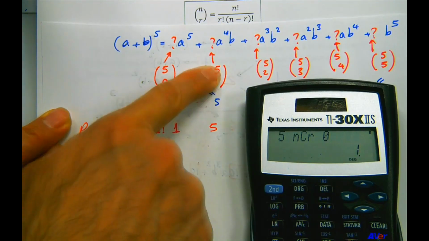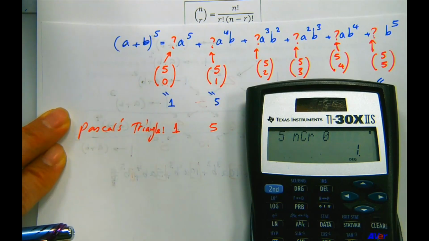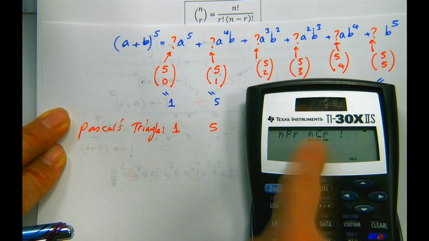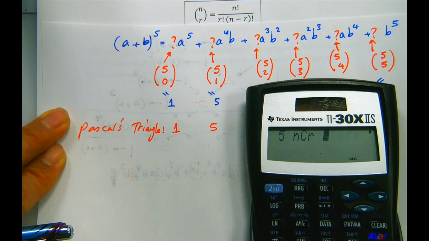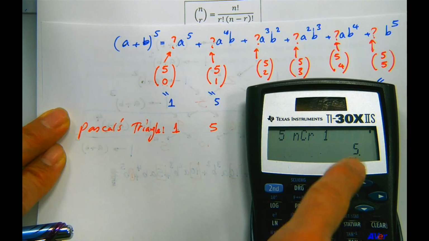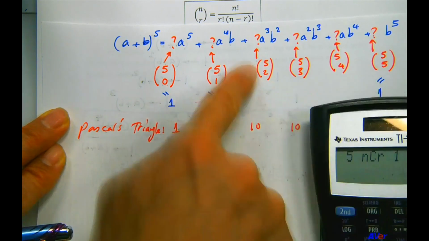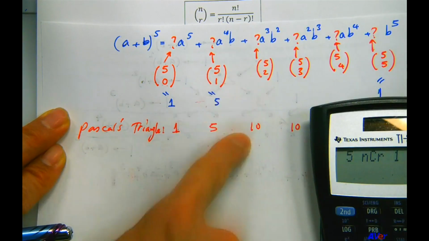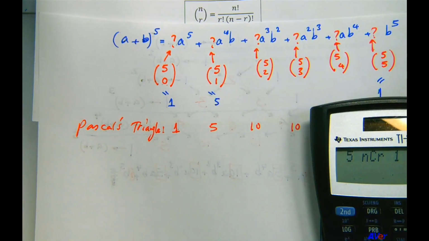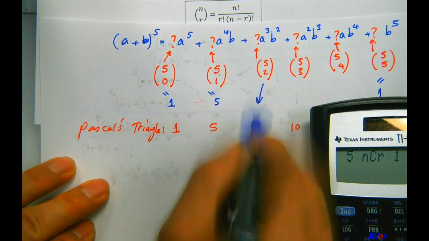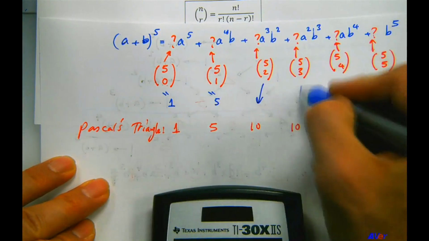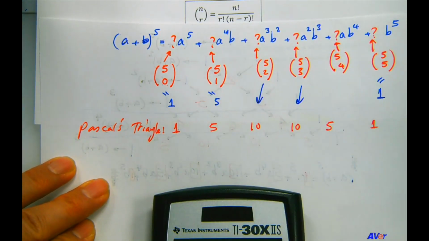Let's calculate 5 choose 1. We should get 5. There it is. Now we want to calculate 5 choose 2 and 5 choose 3. For both of those, we need to get 10.